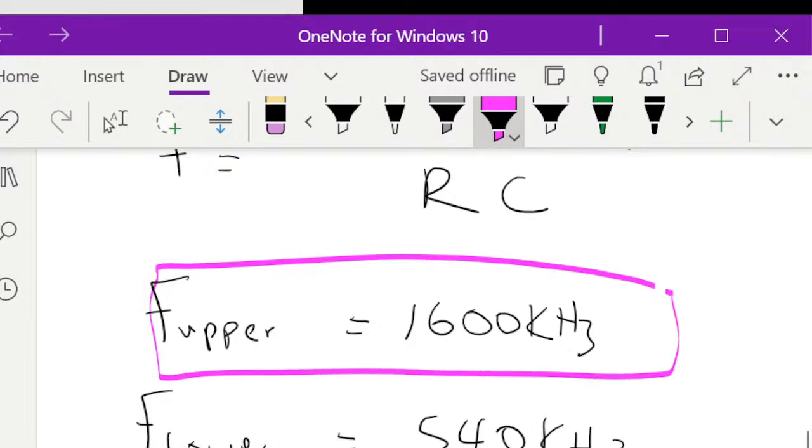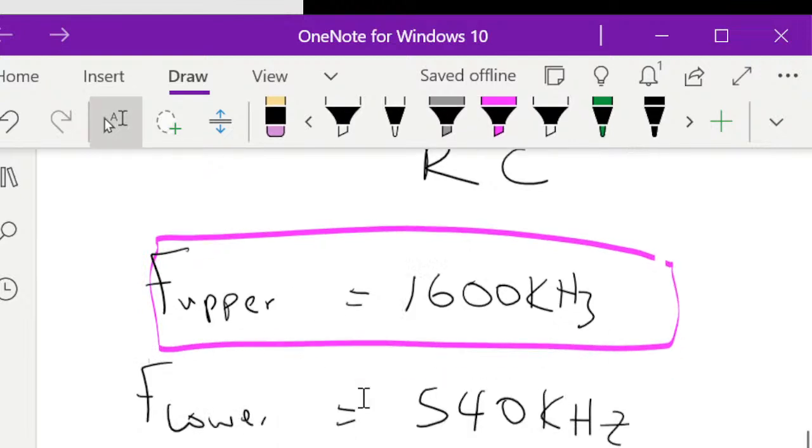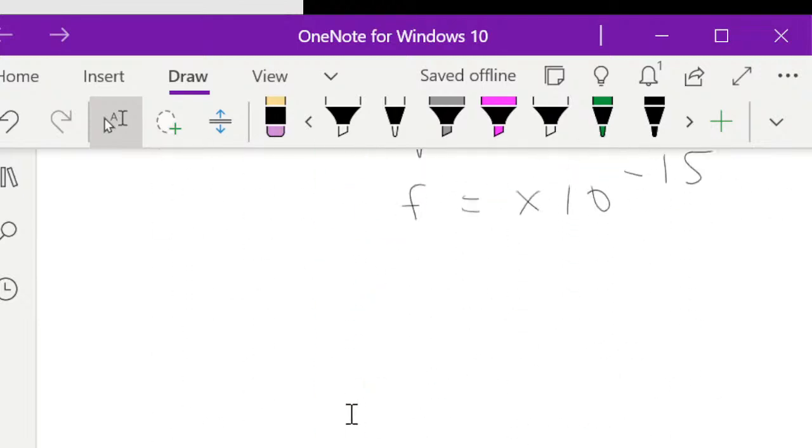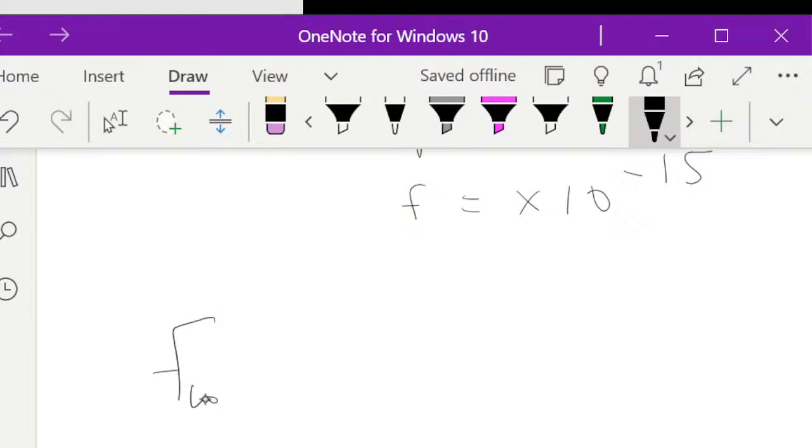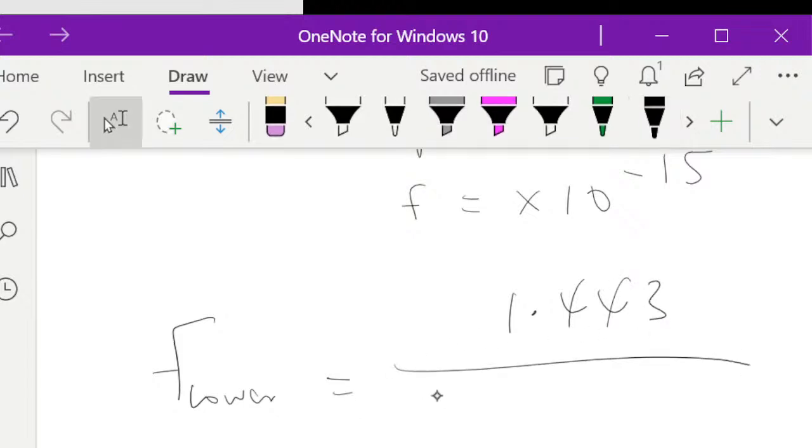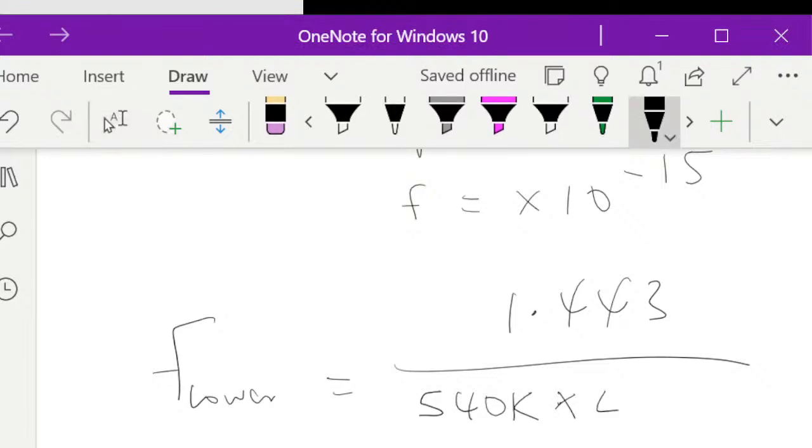And we're going to repeat the same thing for F lower, all right? And so for F lower, we'll repeat the same formula, 1.443 divided by F lower, which now is 540 kilo, times, remember we're using the same resistor, 47 kilo.